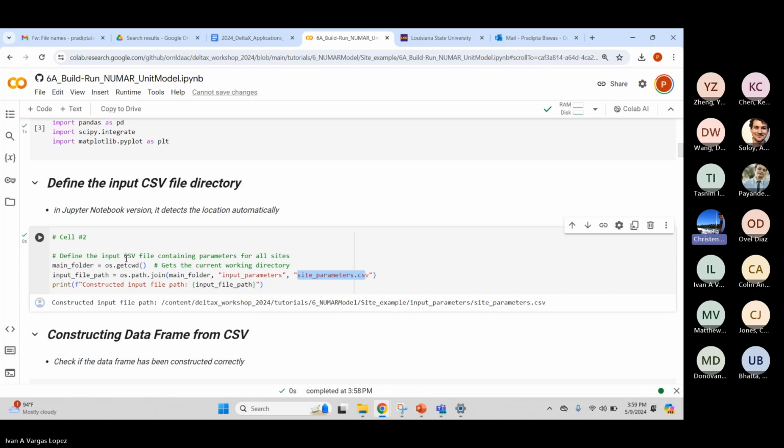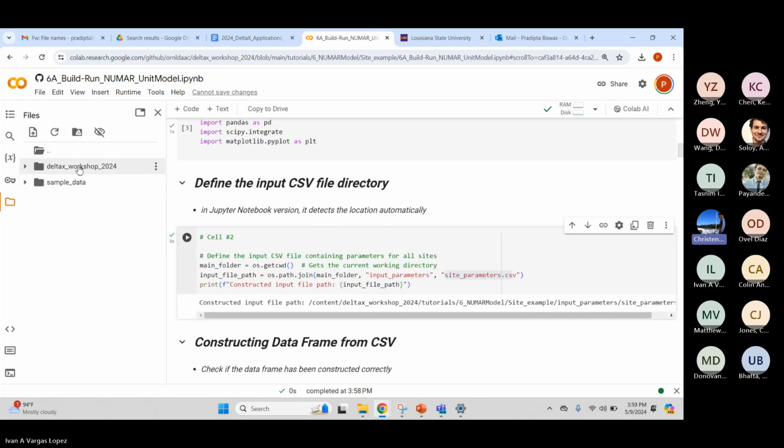We are running for active brackish, that is the CRMS 399 site, active saline, that is the CRMS 322 site, and inactive brackish and inactive saline. I can pull up the CSV file.